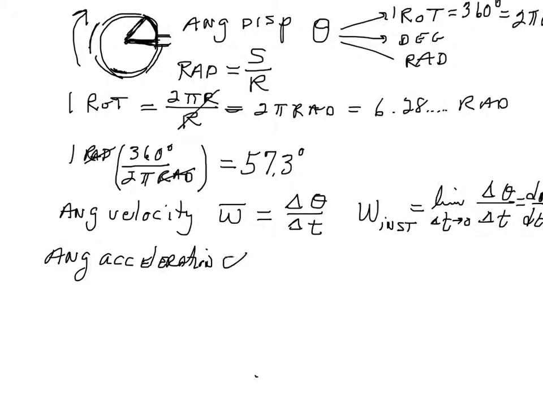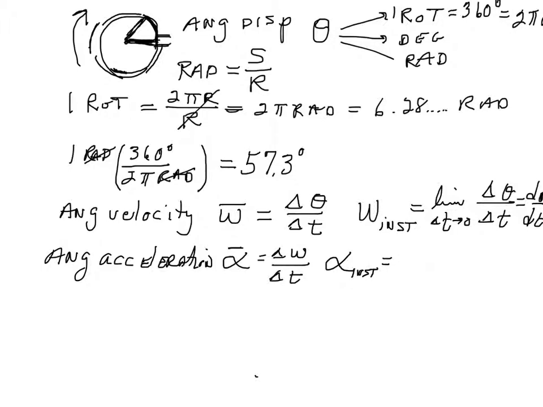And for that, the symbol is alpha, and the average alpha will be, no surprise, the rate at which the angular velocity changes. And that gives us the average. And if the acceleration is constant, then the average and the instantaneous will be equal. But in some cases, the acceleration may vary. And then we need to talk about an instantaneous acceleration.